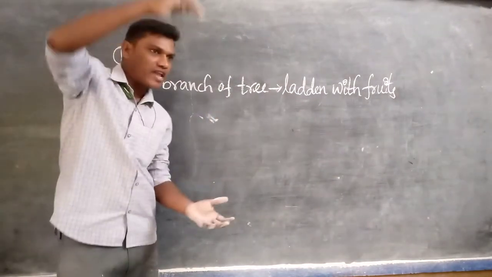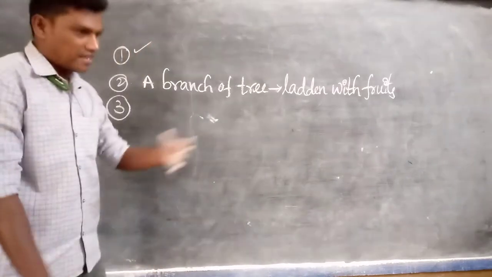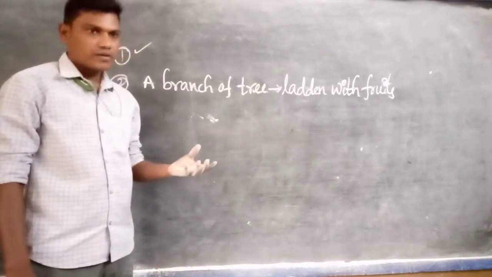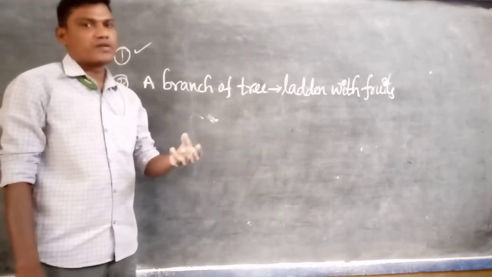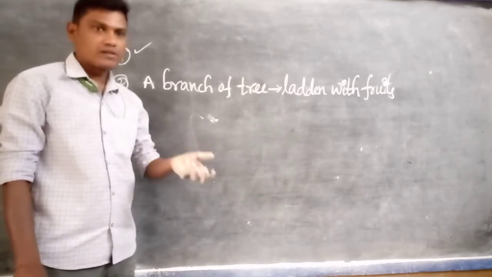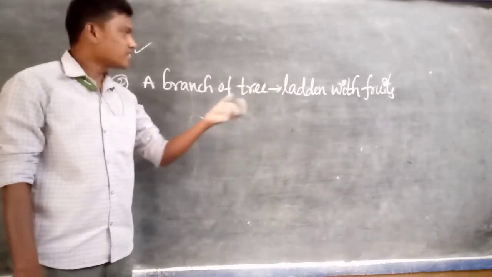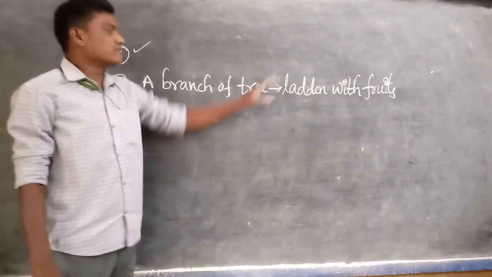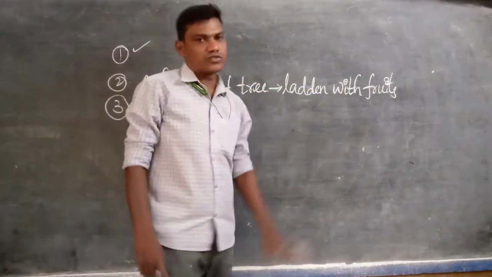Mostly you observe bush-like trees, like sapota, pomegranate, apple, or guava. We are observing that a branch of a tree is laden with fruits.